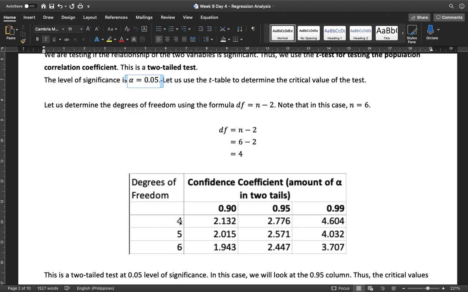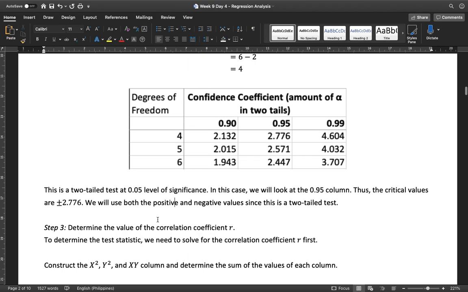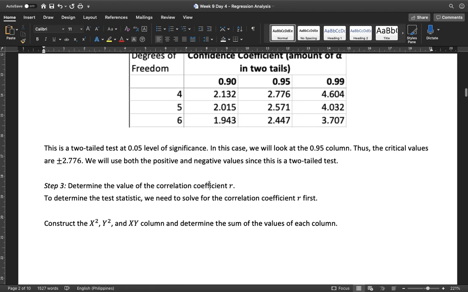Ano yung corresponding value? 2.776. So, the critical value is positive, negative 2.776. You will use both positive and negative values. Bakit? Kasi two-tailed test.